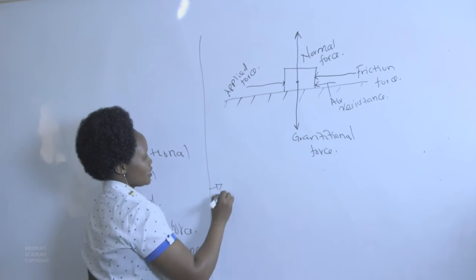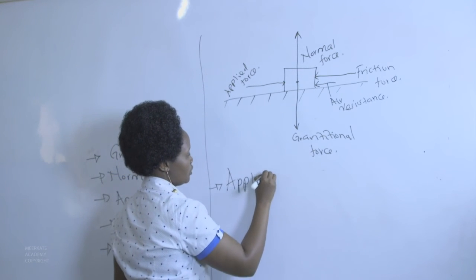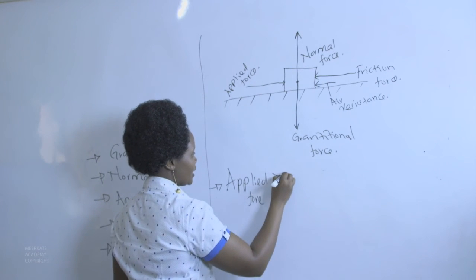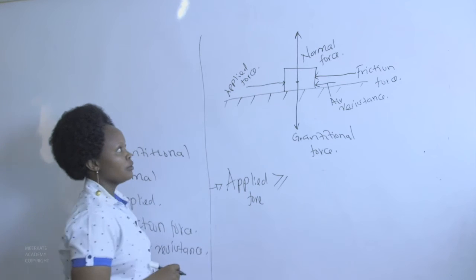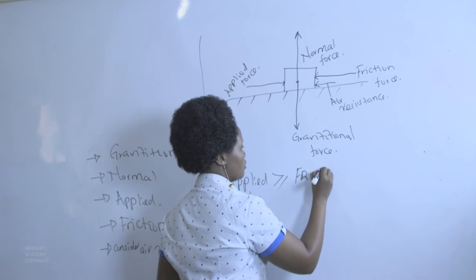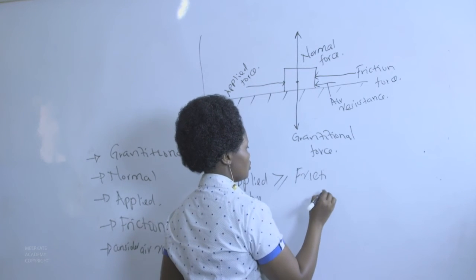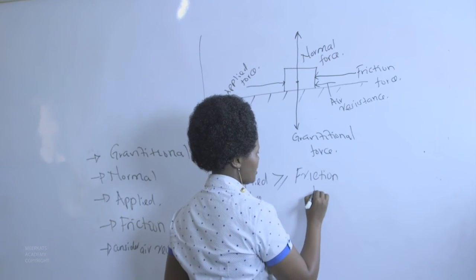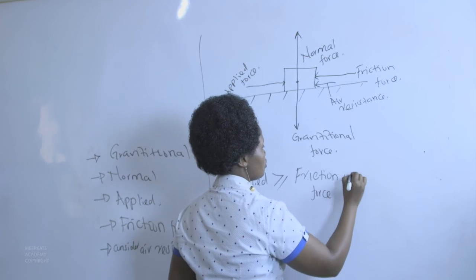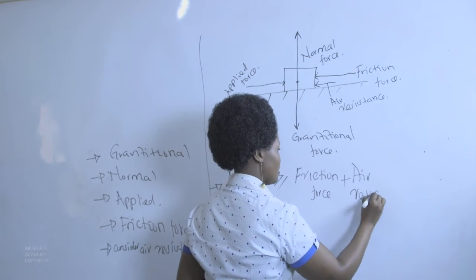Therefore, in this case, applied force should be greater than or equal to friction force added to air resistance.